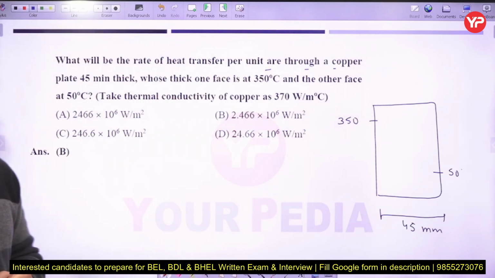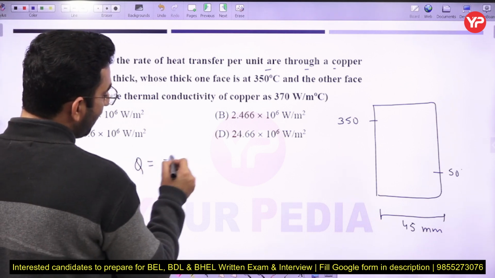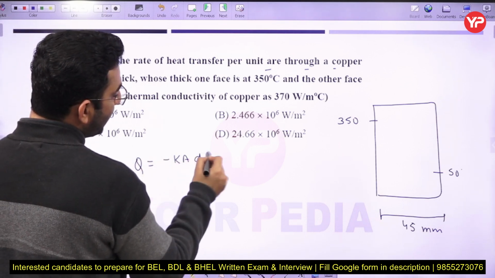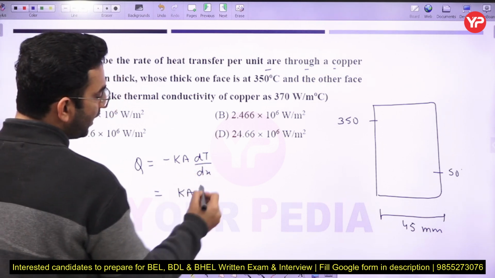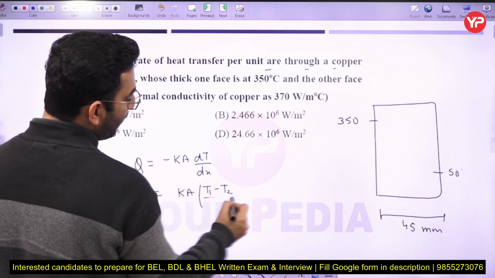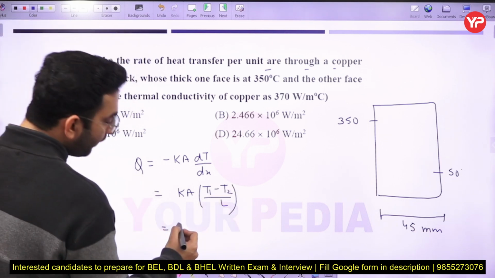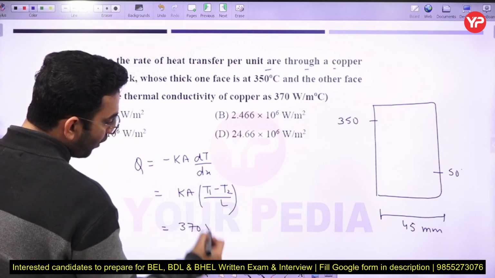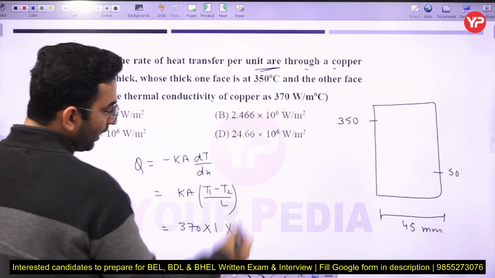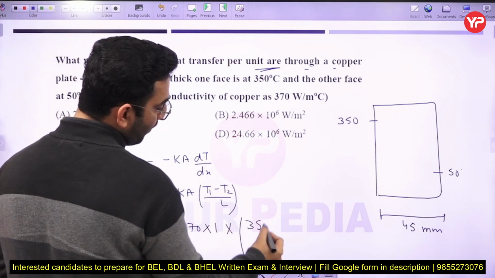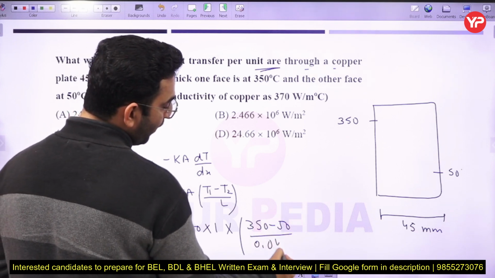And what do you want to find out? You want to find out the value of the rate of heat transfer. So here in this case the rate of heat transfer can be written as minus kA dT by dx, and if you perform the integration the final expression will come out to be kA (T1 minus T2) divided by L. Okay, so just put all the values here. Thermal conductivity is given to you as 370, the corresponding area is unit area, and the temperature limits are 350 minus 50, divided by thickness 45 millimeter, that is 0.045.